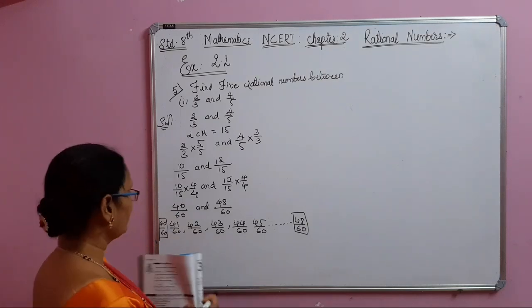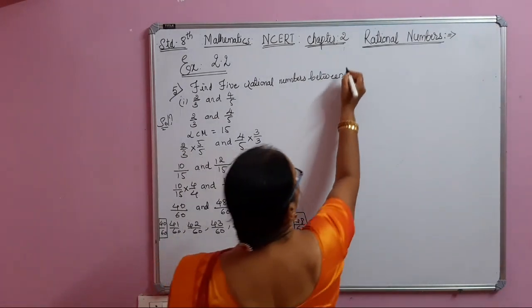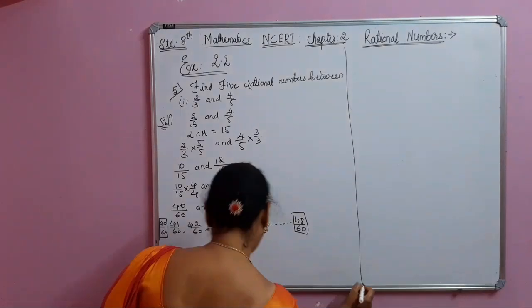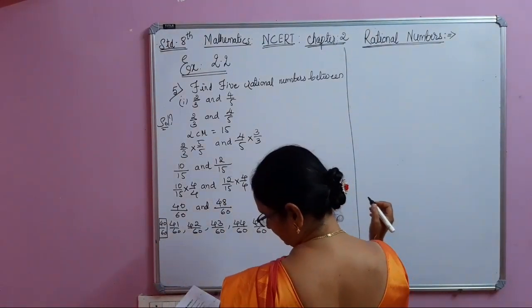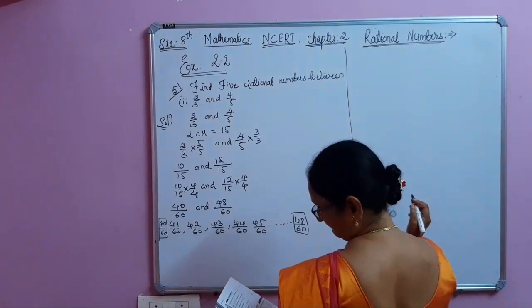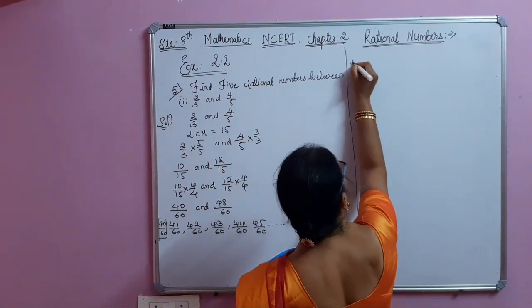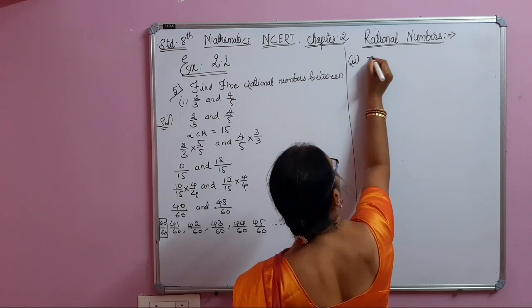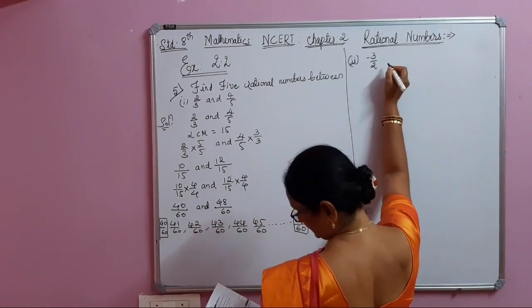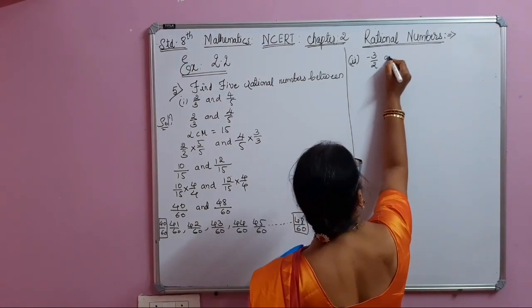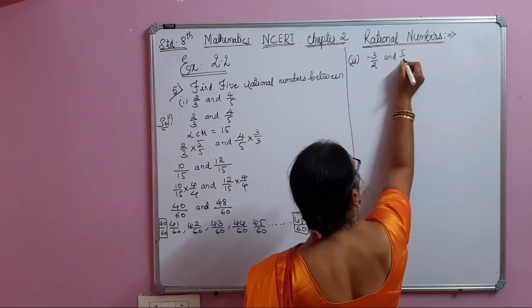The next one is the second one, that is minus 3 by 2 and 5 by 3.